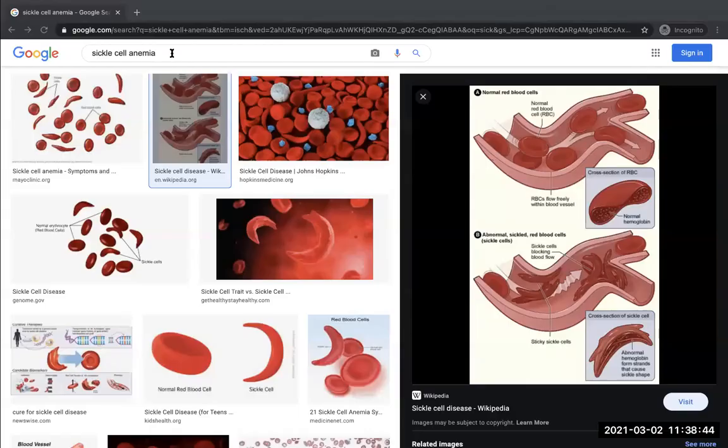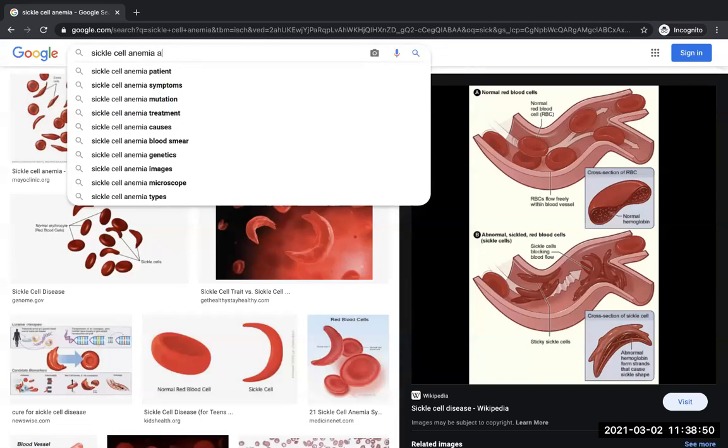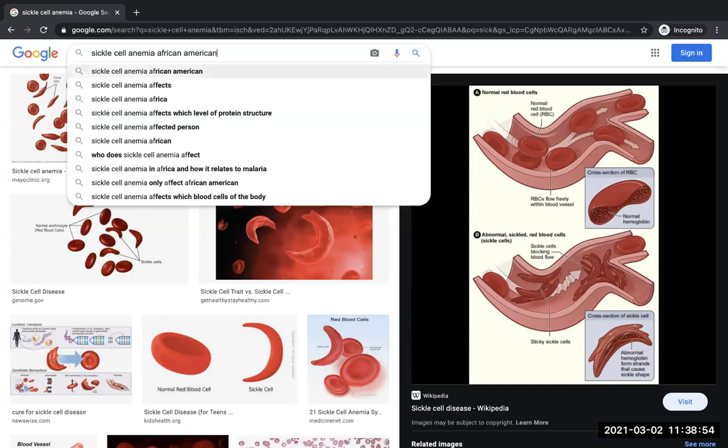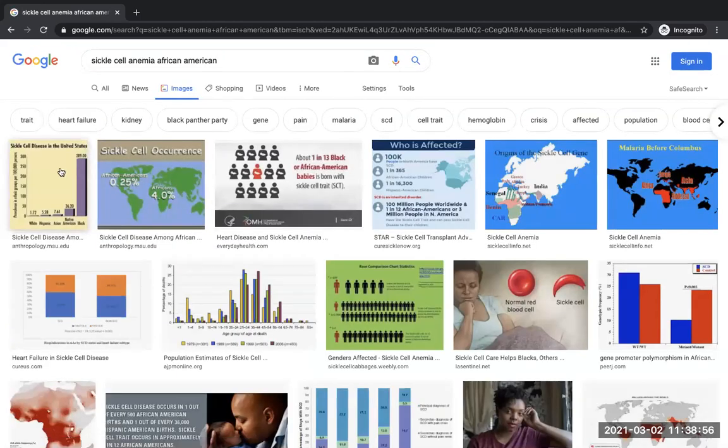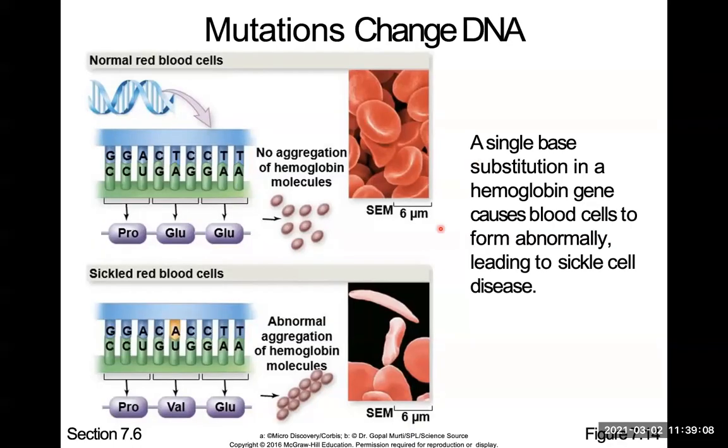You're going to see that wherever there is high incidence of malaria, there are going to be people who have sickle cell anemia. And in the United States, people who have African heritage have a higher incidence of sickle cell anemia, so you can see here versus other people. So I guess that's where the mutation started.